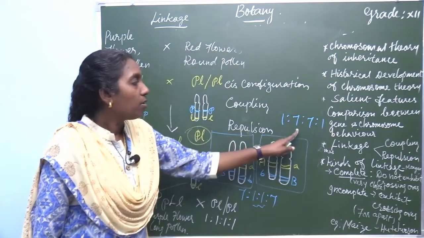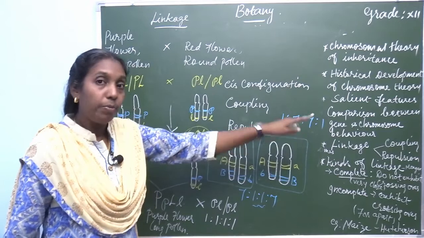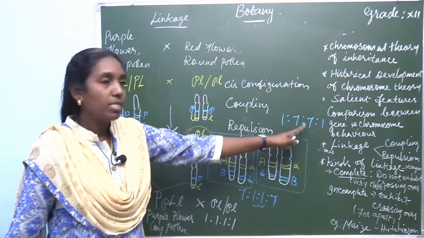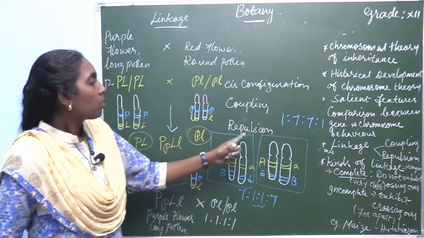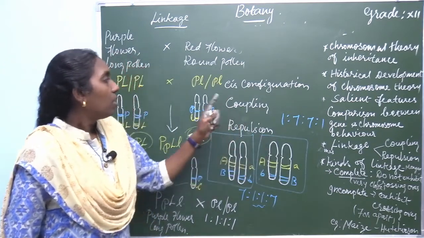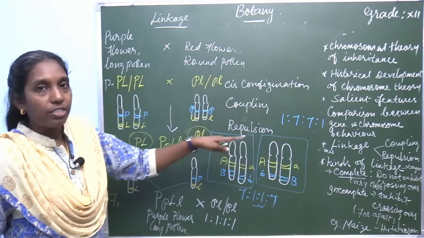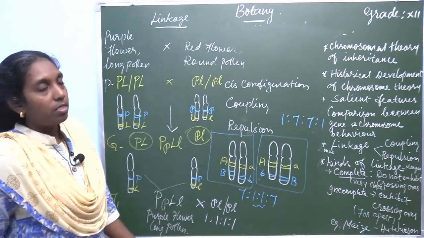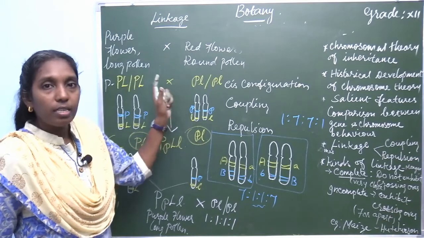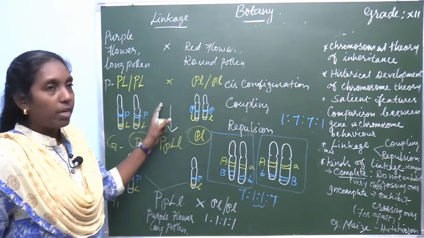So, a greater amount of parental forms, recombinant forms are less. So this is called repulsion, or trans configuration; coupling is cis configuration. So this question is very important. Linkage, what is meant by linkage?